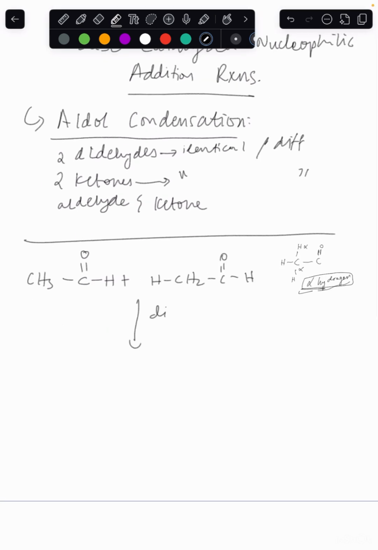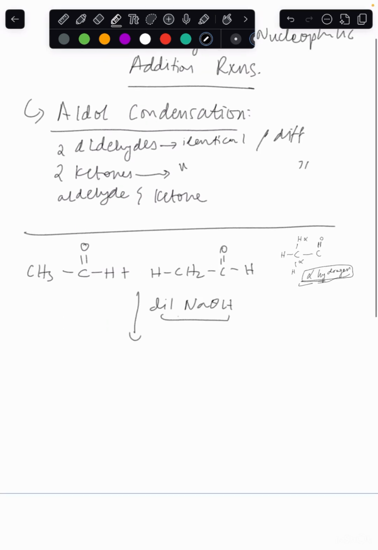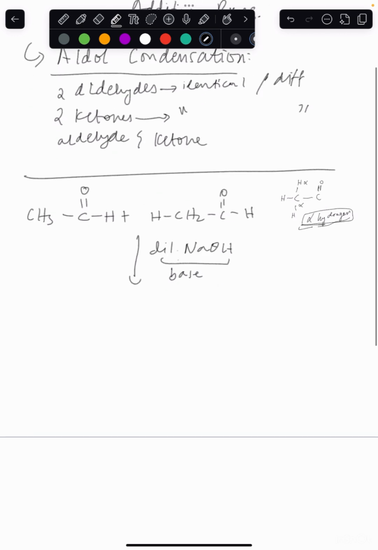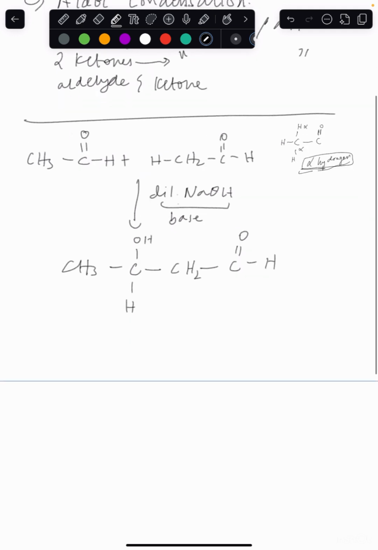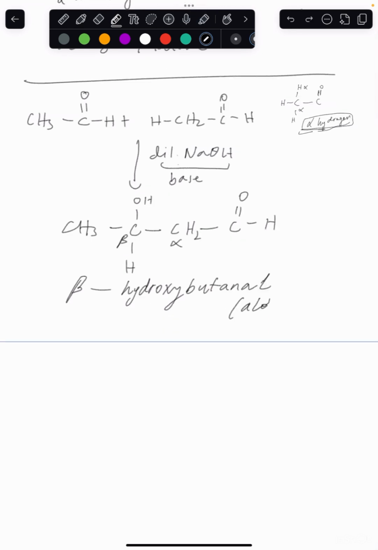This will react with dilute NaOH, which will act as a base, and what we'll have is a CH, C double bond O, H product. This is the alpha carbon, and this is the beta carbon, so what we'll have is beta hydroxy butanal, which is the aldol product.